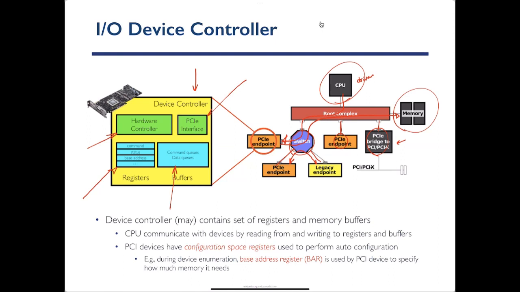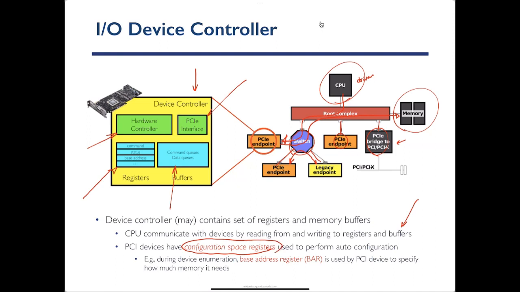Now, it's important to talk about registration of PCIe devices. So at boot time, this usually happens when your BIOS initiates the system. Each PCIe device, when you power it up, advertises its needs using its configuration space registers.